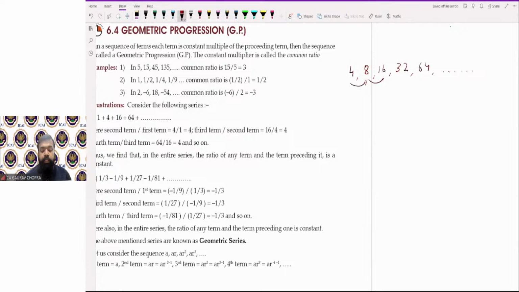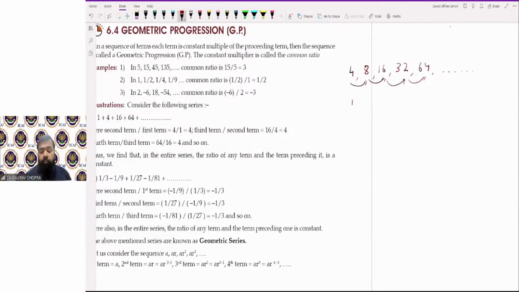Then again, the next number is double of the previous one. So 8 is double of 4, 16 is double of 8, 32 is double of 16, 64 is double of 32, and so on. That means if we multiply by 2, then we get this series.